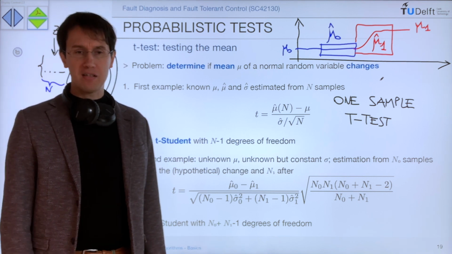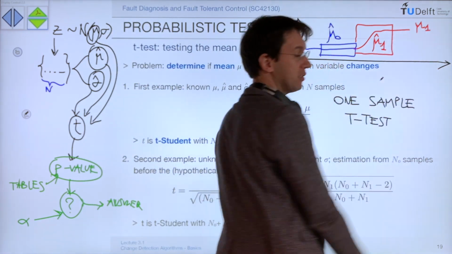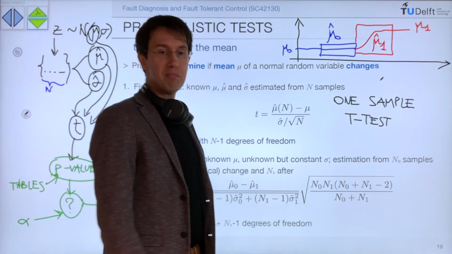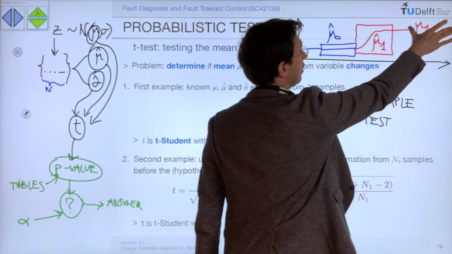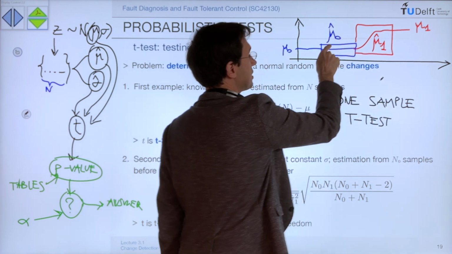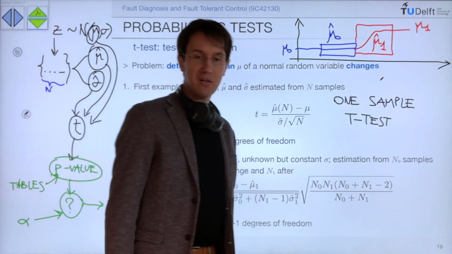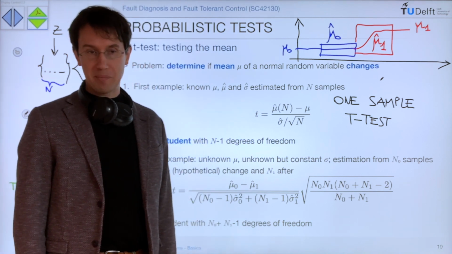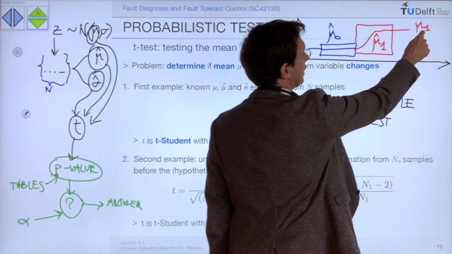When I am farther in the future and the change already happened, both the first and the second window will be here, and then I expect mu0 hat and mu1 hat also to be the same. Actually, they are random variables with a mean equal to mu1.